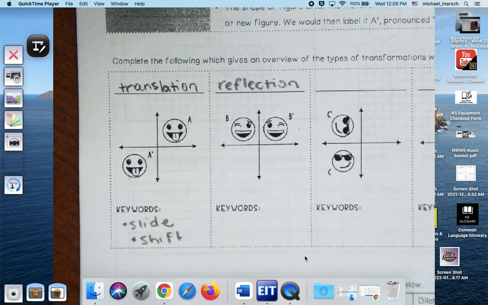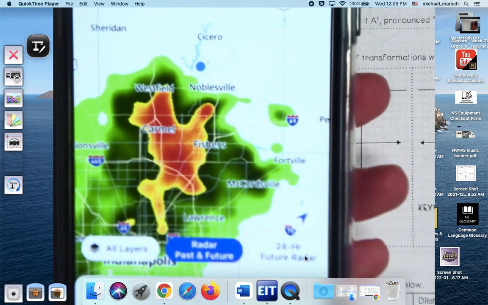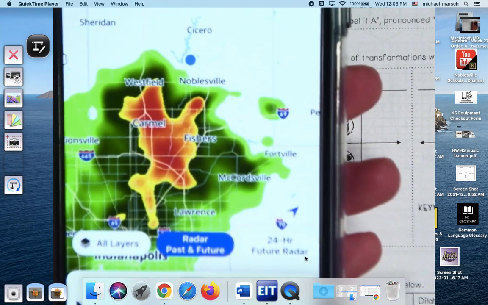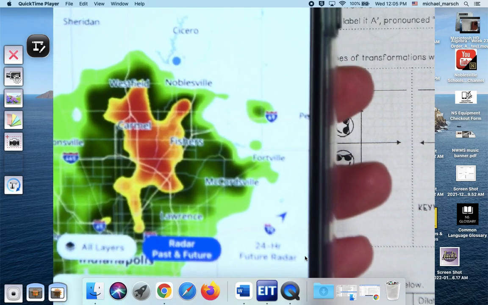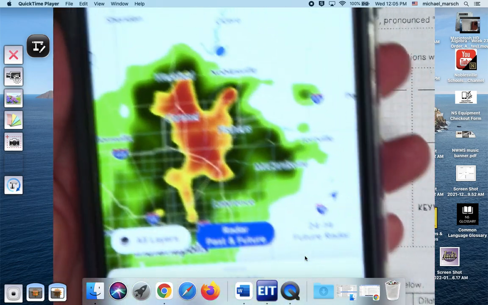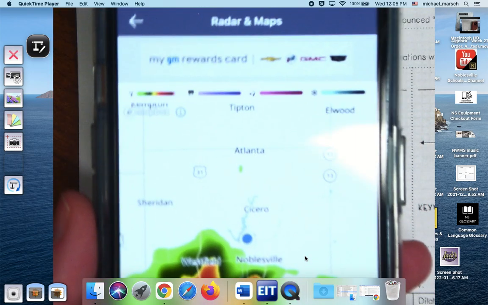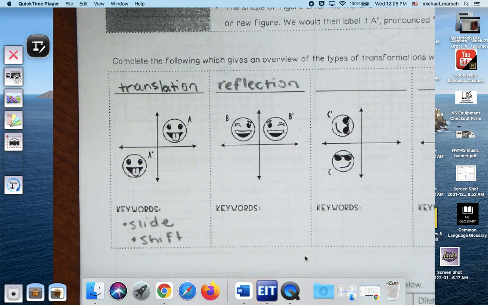Yeah, it's raining. It's supposed to thunder. Is this the Weather Channel? Look at that tunnel.